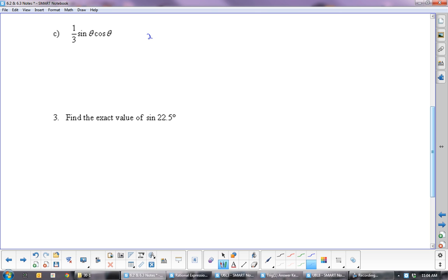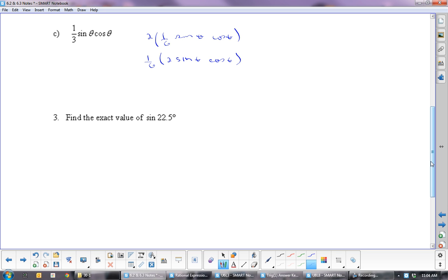Because I got 2 sine. So if you did this, okay, now this would be the same thing as 1/6 times 2 sine theta cos theta, right?